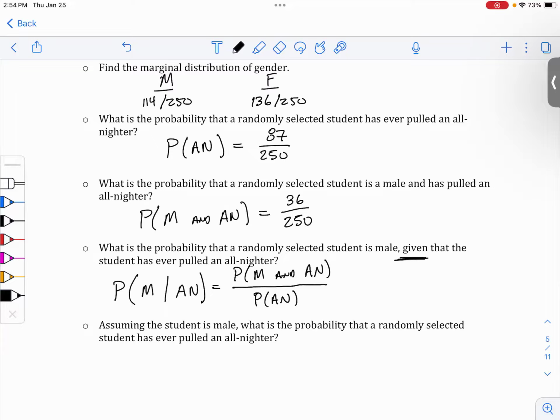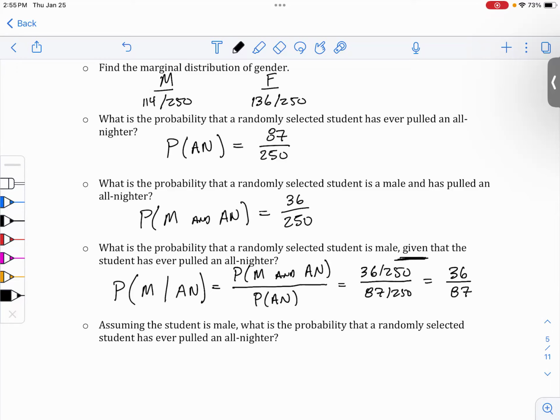And oh, look at that, male and AN, I found that right here. Probability of AN, I found that right here. Which means I have 36 divided by 250, divided by 87 out of 250, which equals 36 divided by 87.